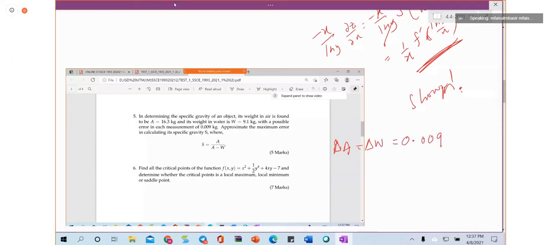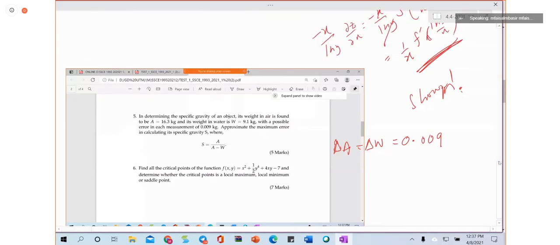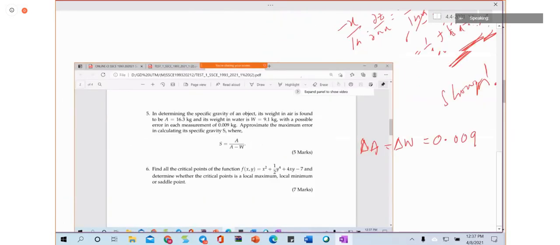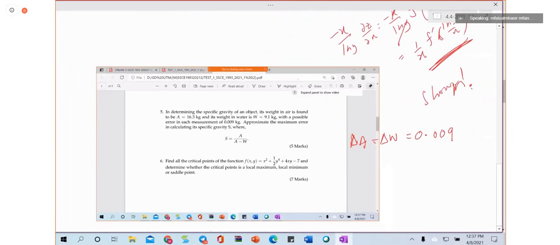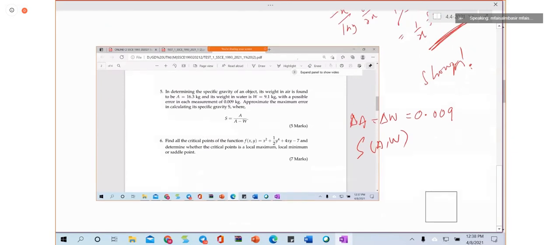Okay? Is my voice clear? Yeah. Okay. Okay, then they give S that is depend on A and W. Okay? So they want to approximate the maximum error in S.